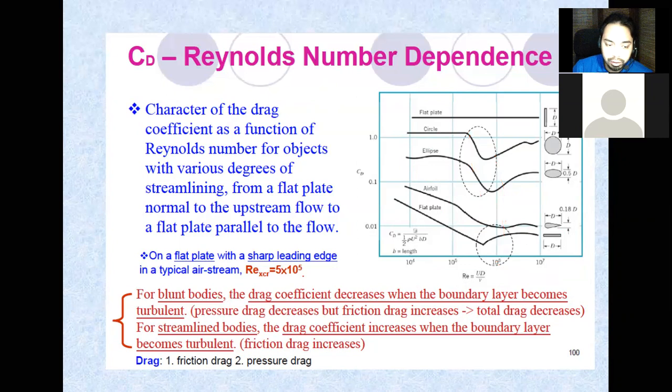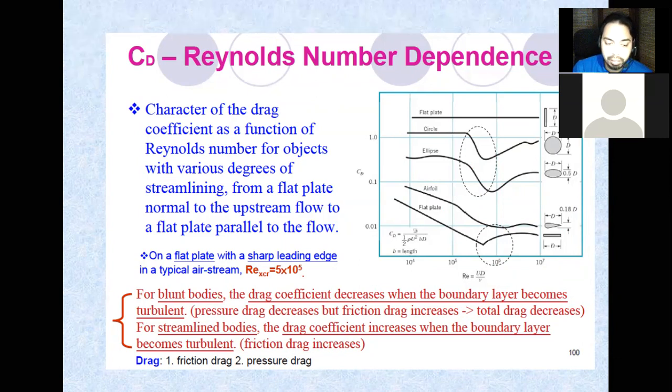For blunt bodies, the drag coefficient decrease is due to the pressure drag decrease. Although the friction drag increases, the total still decreases because they contribute at different levels of magnitude.